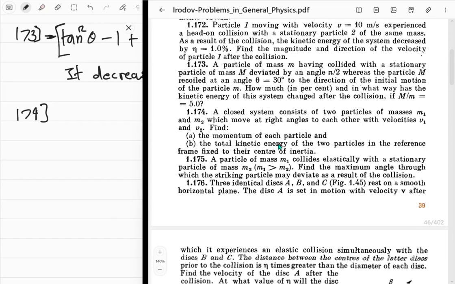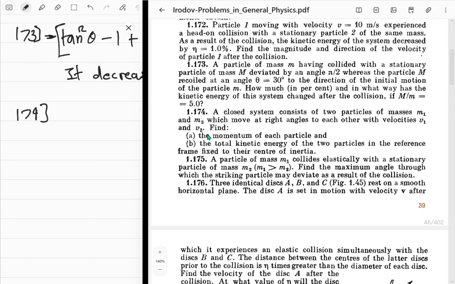A closed system consists of two particles of masses m1 and m2 which move at right angles to each other with velocities v1 and v2. Okay, right angle to each other. So they didn't even give us a figure. I think they're just saying v1 and v2 are perpendicular.